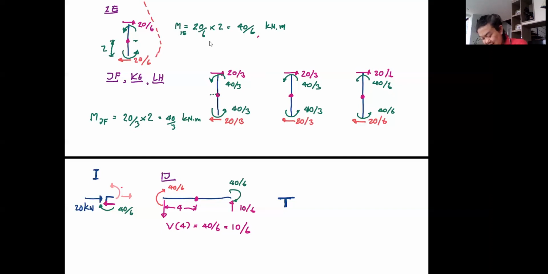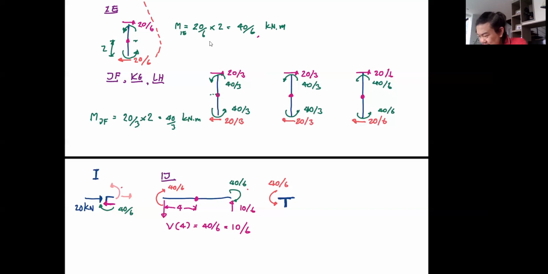Okay, we can do it later. Now we got 40 over 6 here, from member IJ.